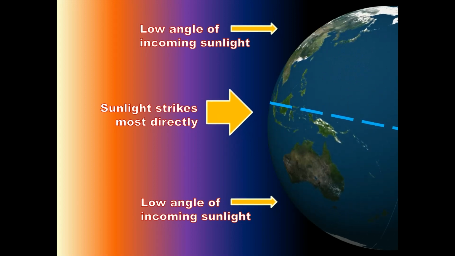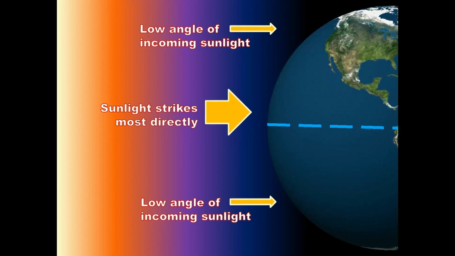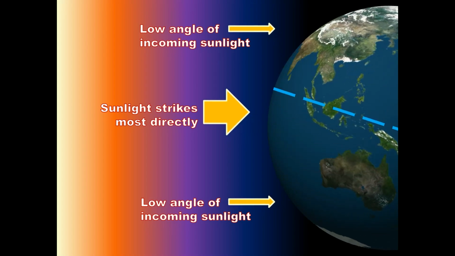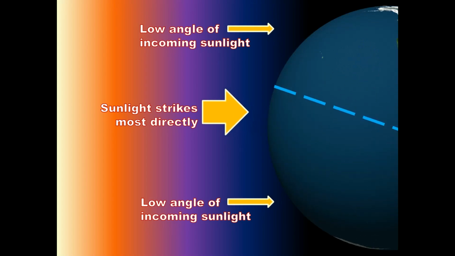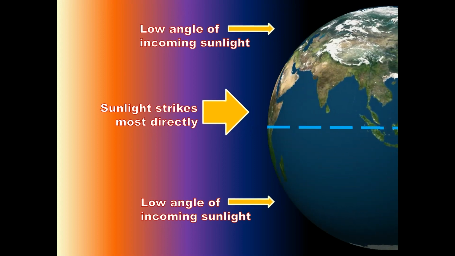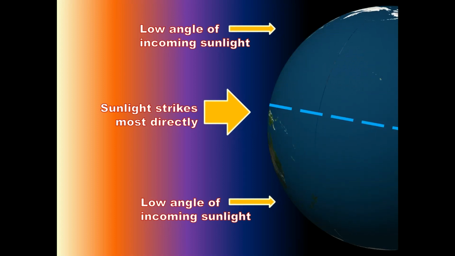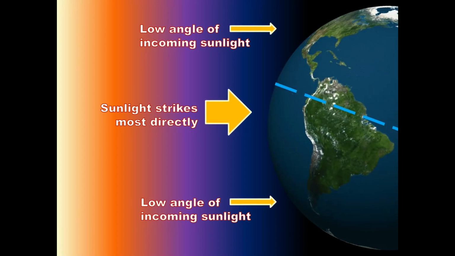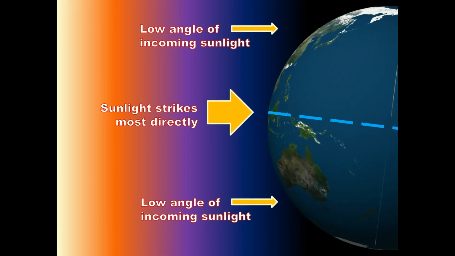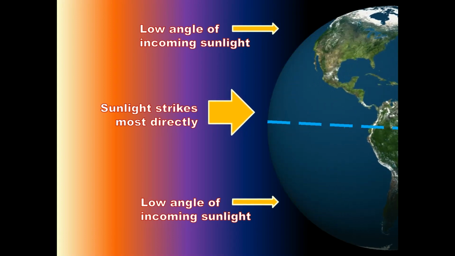So whenever the northern hemisphere is in summer, the southern hemisphere is in winter, and whenever the southern hemisphere is in summer, the northern hemisphere is in winter. They trade places. However, the equator, being right in the middle, is always getting pretty good sunlight, pretty much year-round. So there's not a lot of seasonal variation at the equator, and that's why they have year-round warm temperatures.